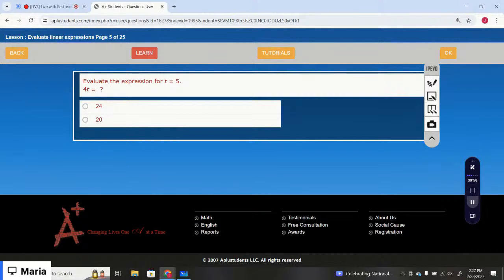Evaluate the expression for t equals 5. That is 4 times 5.